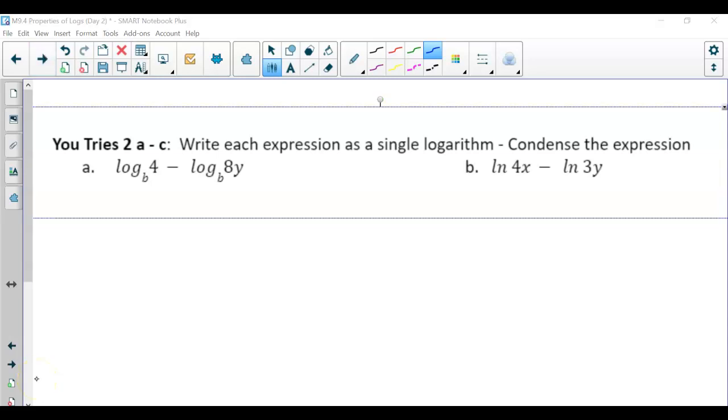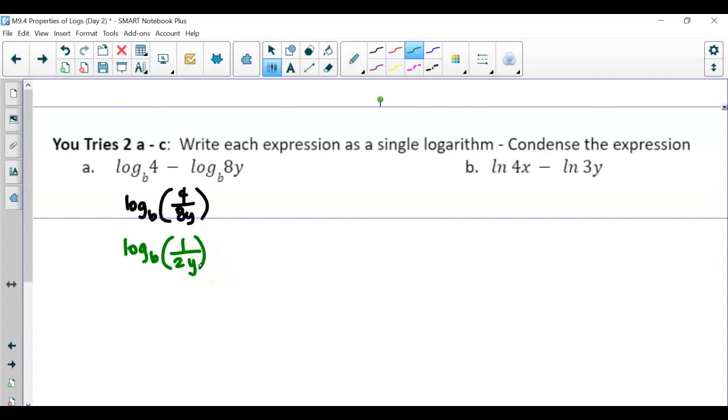And here we go. So here I've got log base b, notice we have subtraction, so we're dividing 4 divided by 8y. Now notice y is in the denominator, so y is going to stay in the denominator, but 4 over 8 is 1/2.